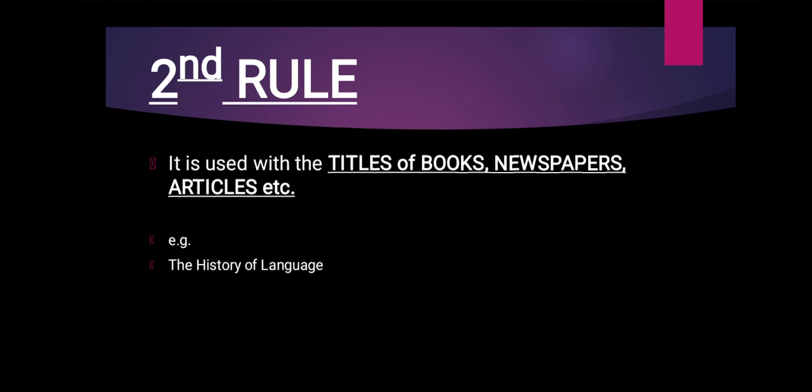Now, History of Language is the title of a book, and we'll use the article "the" with it. And then comes the name of a magazine, the Economist, and then the name of a newspaper, the Times of India, and we'll also use the definite article "the" with it.